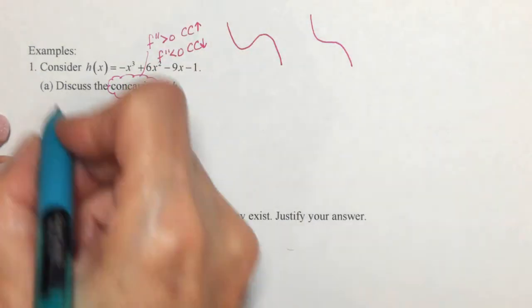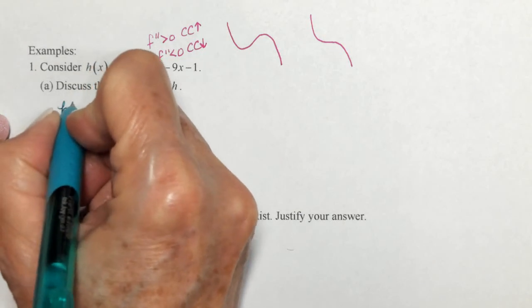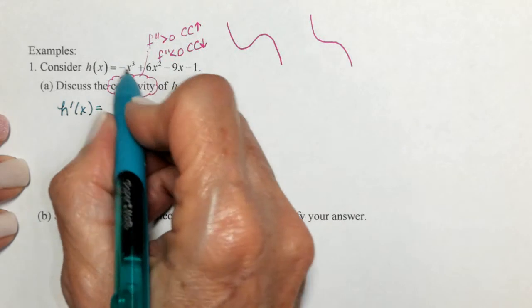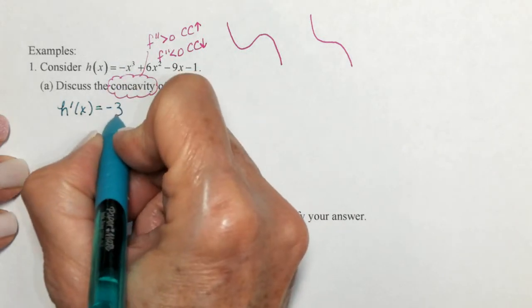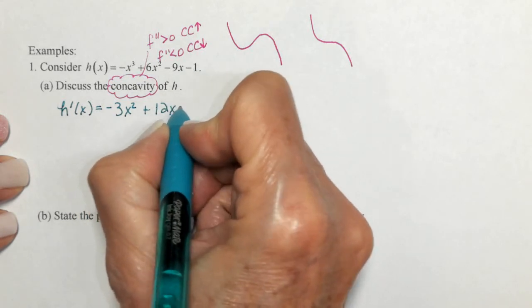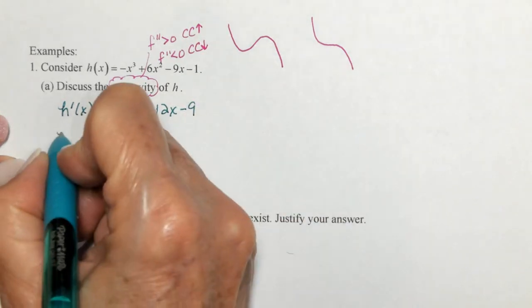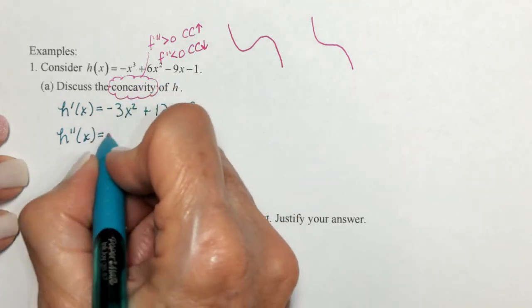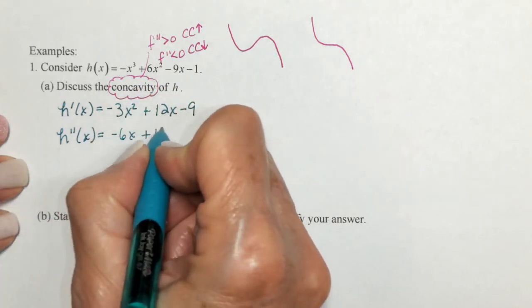All right, so let's find H double prime. So first we'll find H prime, and then we'll find H double prime. So for H prime, this will be negative 3x squared, little power rule here, plus 12x minus 9. Take the derivative a second time, negative 6x plus 12.